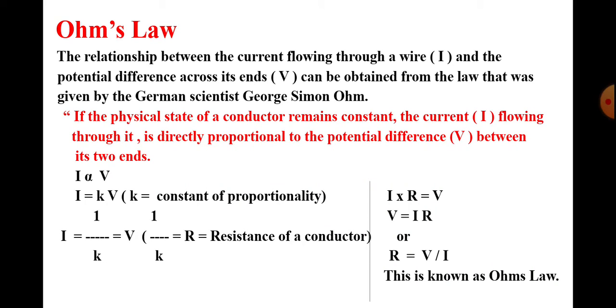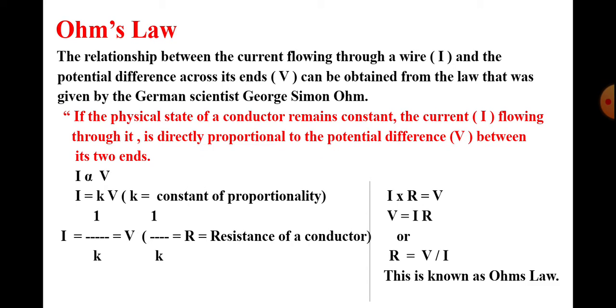It states that if the physical state of a conductor remains constant, the current I flowing through it is directly proportional to the potential difference V between its two ends.